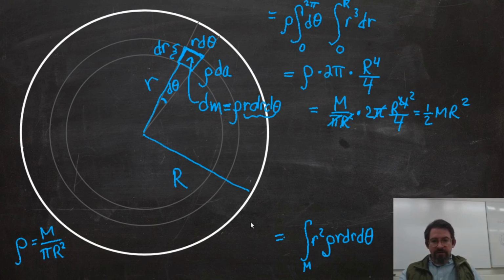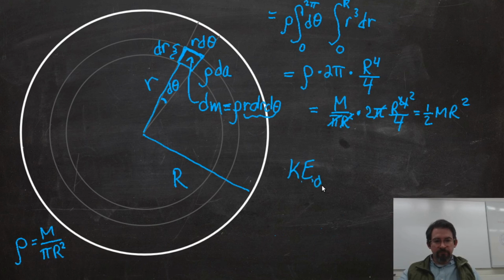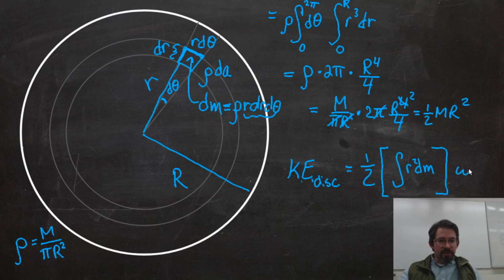So let's look at that expression for kinetic energy, total expression we have. We had that the kinetic energy for this disk, rotating about its center, is going to be 1/2 times the value of that integral that we did, which remember was the integral of r squared dm for the whole object, times omega squared.